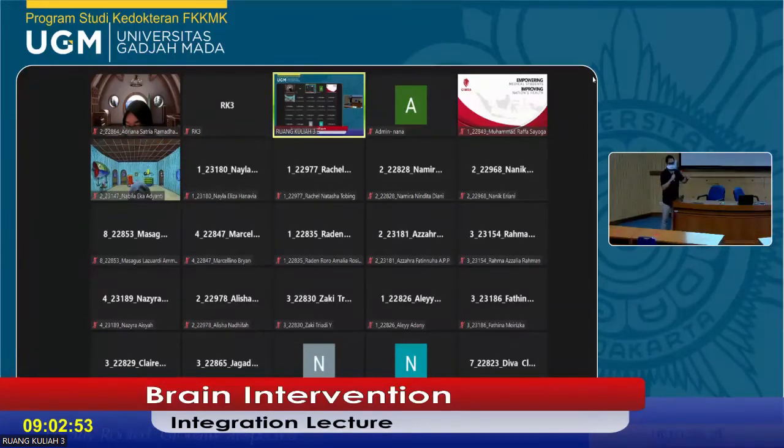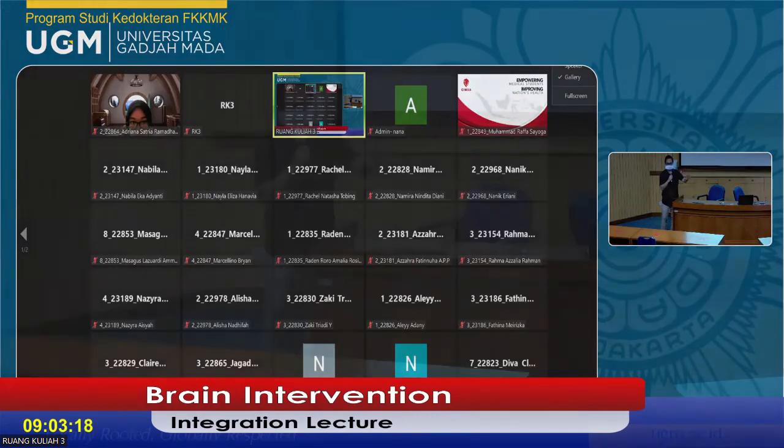For example, craniotomy for evacuation of an epidural hematoma. If there is no significant brain edema, we can put the bone back at the same time after the surgery.